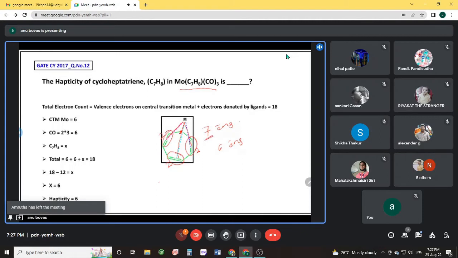The maximum is 7, but it can donate any number of electrons based on how many atoms of the ligand the metal atom is attached to. So the hapticity can differ, as well as the number of electrons donated by C7H8 can differ in each complex, depending on how much it should give so that the complex will follow the 18 electron rule, so that the complex is stable.